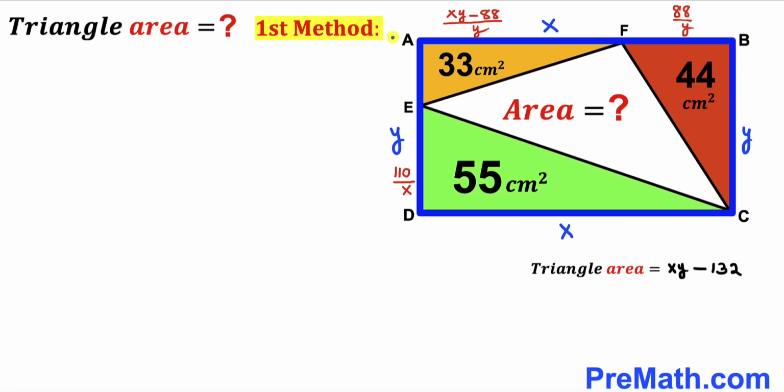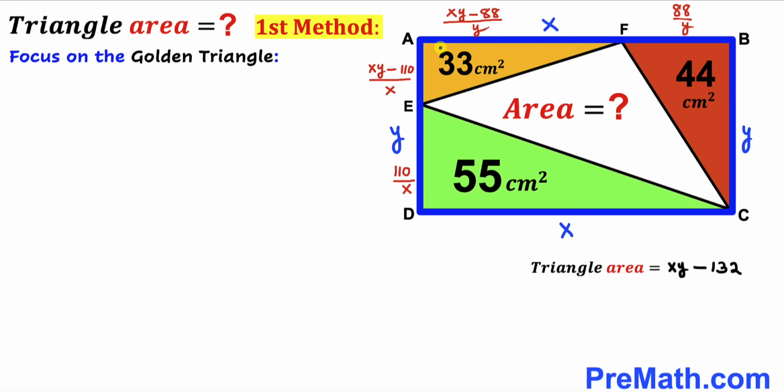Likewise, on this side, we know this whole length is y, and the DE segment length is 110 divided by x. So this tiny segment AE length is going to be y minus 110 divided by x, which could be written as x times y minus 110, all divided by x, isn't it?